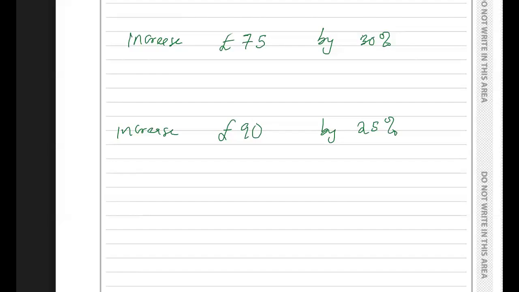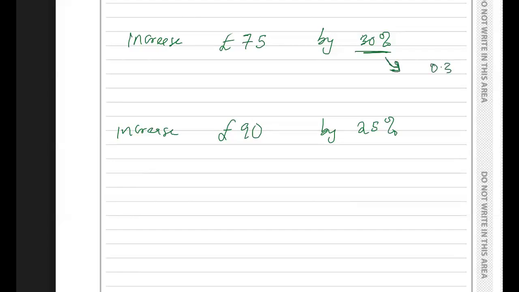Are you done with it? What do you get for the first one? No, when you say increase by this, change the percentage to a decimal to make it easier. That's 0.3.